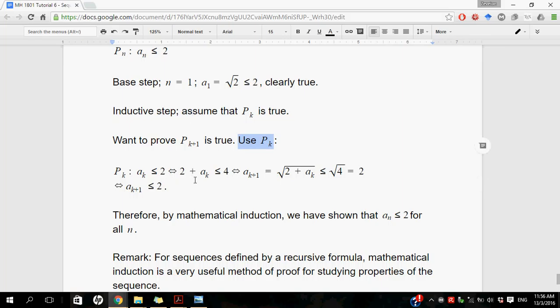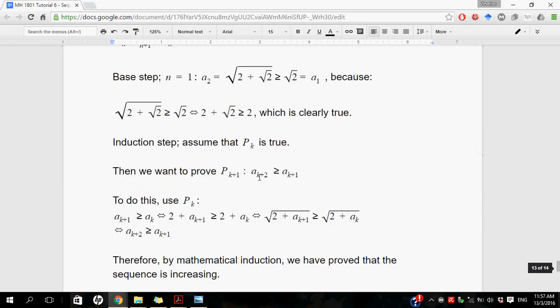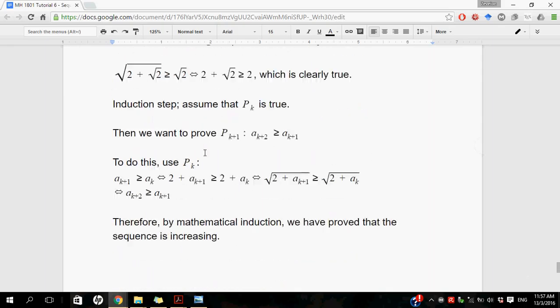This is equivalent to, well, adding 2 to both sides, which would give us 2 plus ak less than or equal to 4. And this inequality is equivalent to what we would get by taking the square root of both sides. So taking the square root here gives us ak plus 1 by means of our recursive formula.